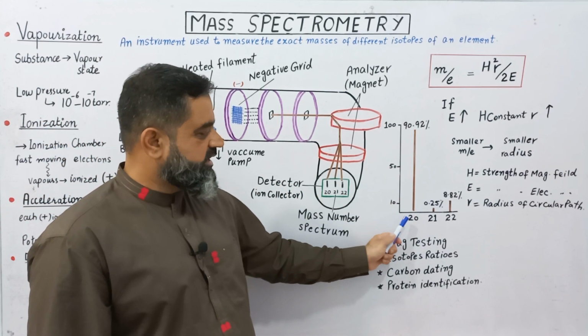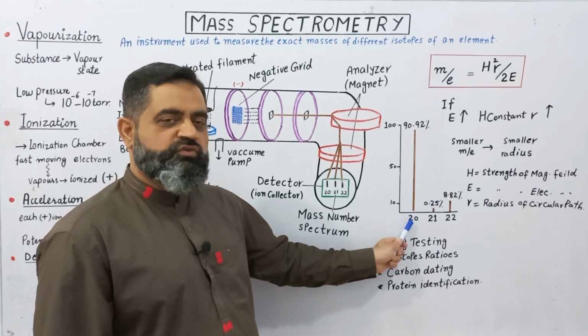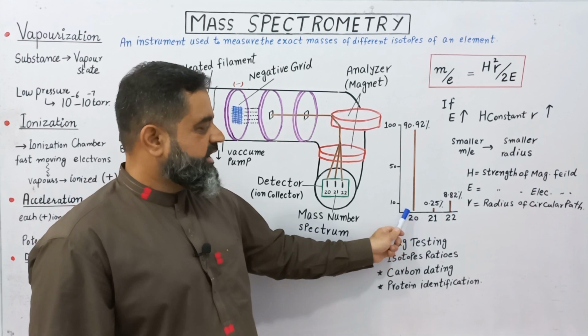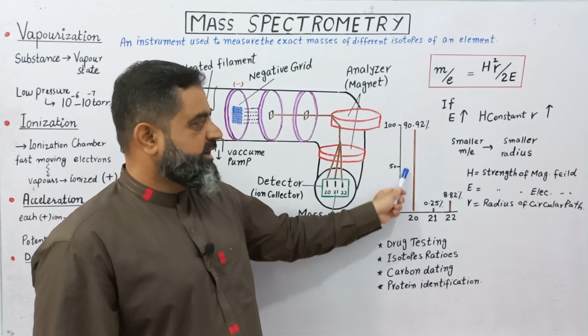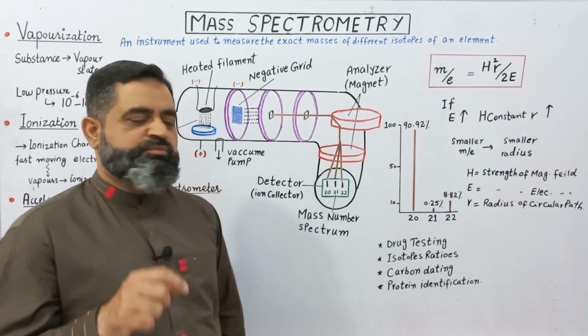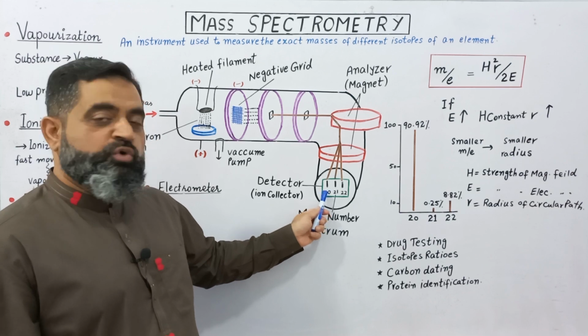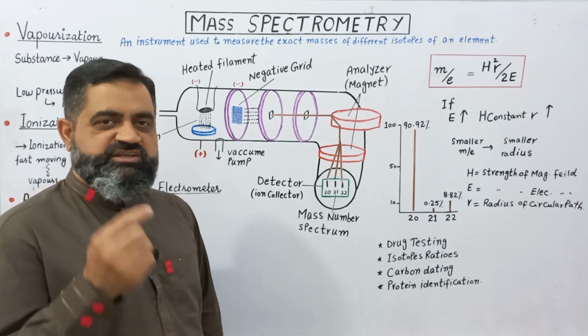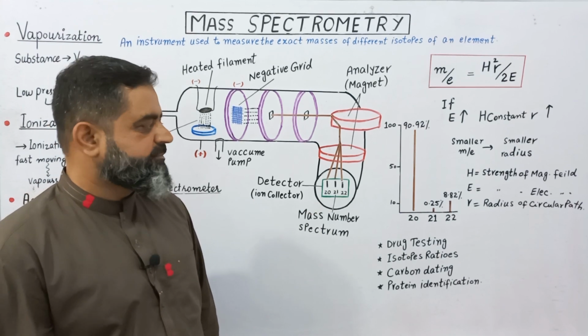So we can see in the graph that mass number 20 of the neon isotope has the most abundance, which is 90.92%. It means that this isotope is falling with more abundance and it is producing more electric charge right over here at this point.